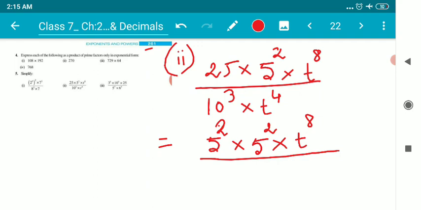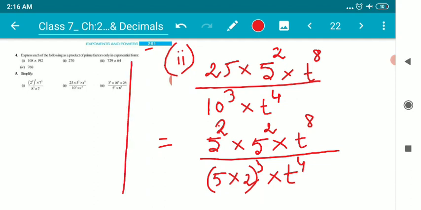Look at 10 first. Children, can we express 10 as 5 into 2? Of course, 5 into 2 can be expressed for number 10, which I've already explained in the previous video. So 5 into 2 means 10, and whole to the power 3. I'll write 3 as it is, into t to the power 4, I'll write as it is. Now children, 5 to the power 2 and 5 to the power 2 have the same bases in multiplication, so powers will be added.